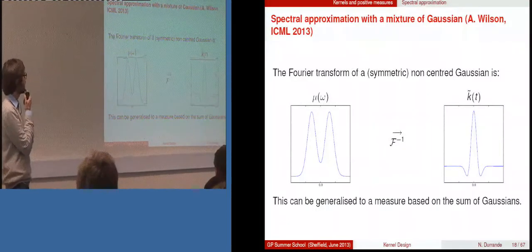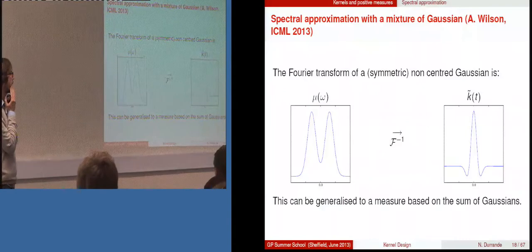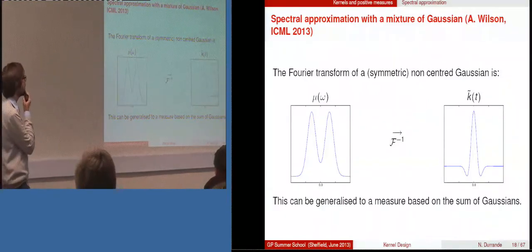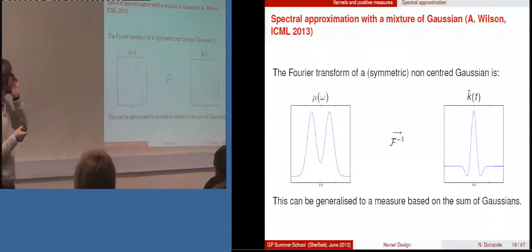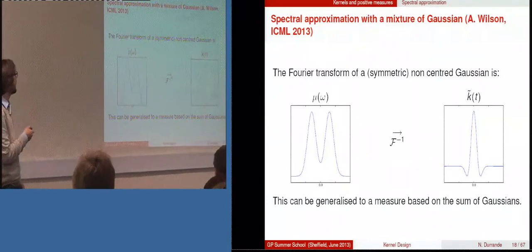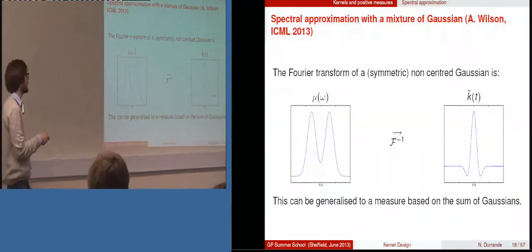So here's another example of how to create a kernel using this property. This is from Andrew Wilson, who came here for a seminar a few months ago. I took this kernel from one of his papers in ICML. So the Fourier transform of a symmetric non-centered Gaussian is like that.